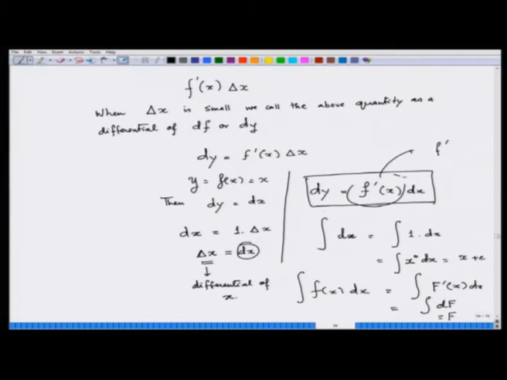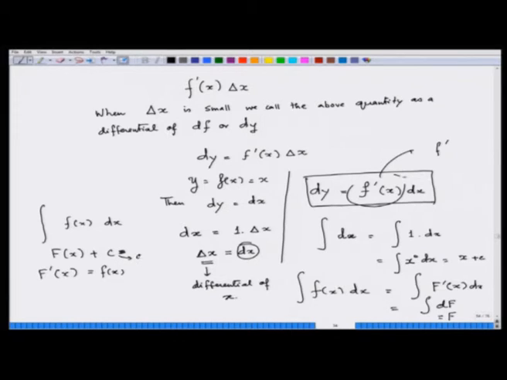So again, this is something I want to repeat. You are looking at the integral of f x into dx. Now you have the function F of x plus c, such that F dash of x is equal to f x. So this is the antiderivative of f.